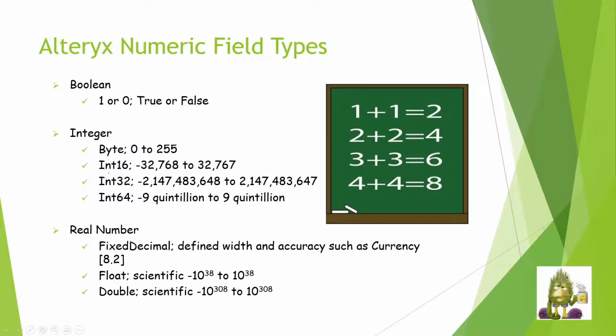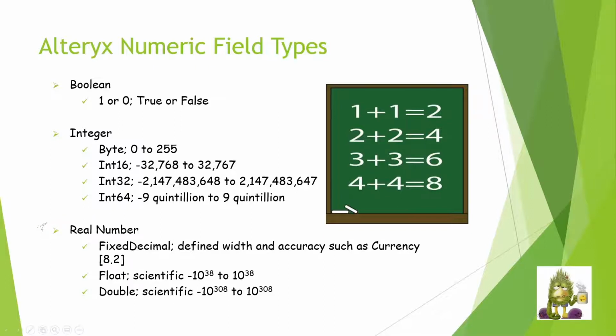Integer 16 is larger and allows you to have an integer starting at negative 32,000 going up to positive 32,000. I typically choose integer 32 unless I have a specific need, and it goes much larger. And in case integer 32 is not big enough, you can go to integer 64, which is upwards to 9 quintillion.